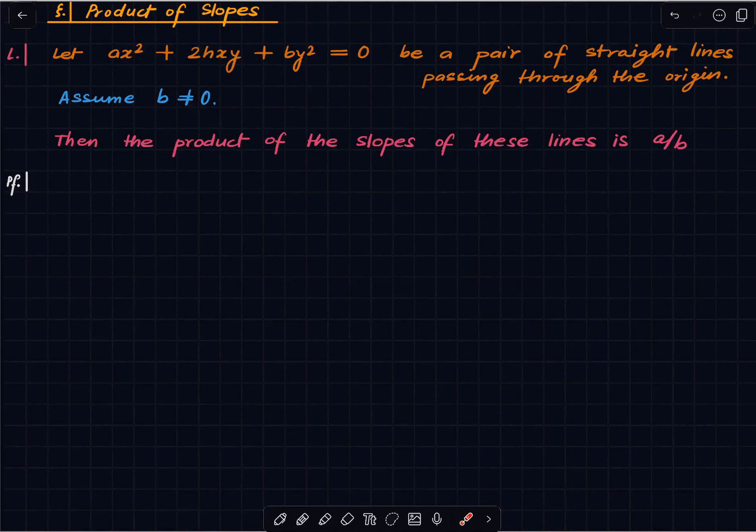Alright, so this is what we want to show, but this is very easy. Basically, it's just the quadratic equation trick. So let m1 and m2 be the slopes of the 2 lines, and m1 may be equal to m2 if the straight lines are actually equal.